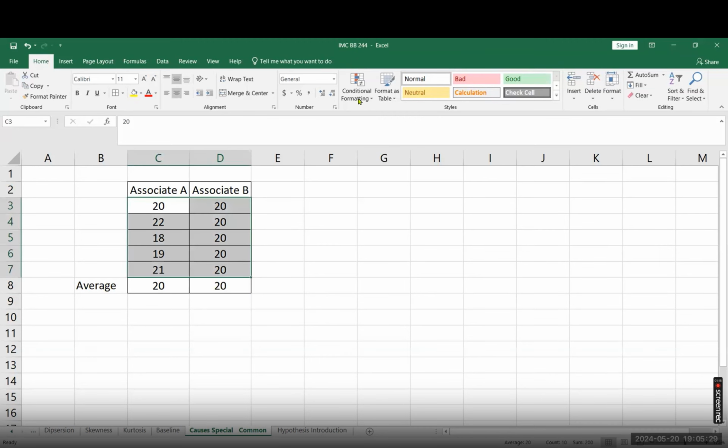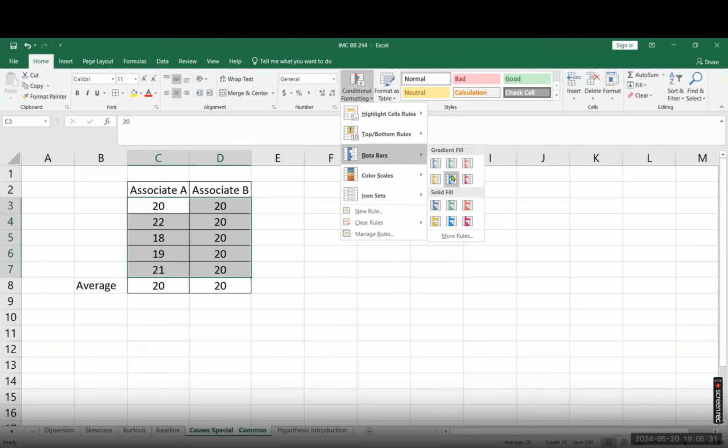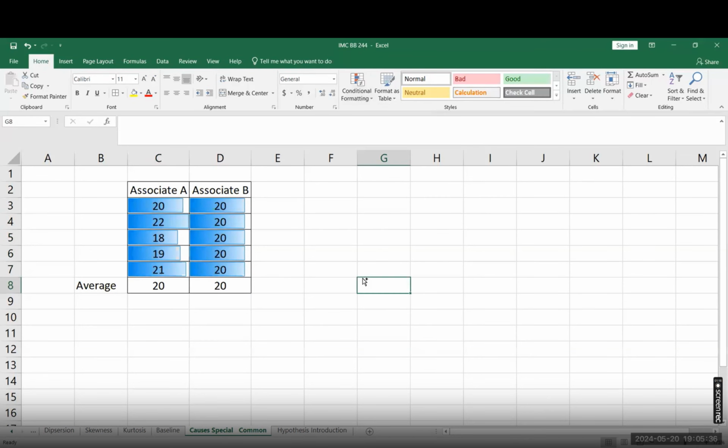Looking at this data, let me ask you a simple question. You have to assign a new task to one of them. Whom will you choose and why? B, because of more consistent performance.